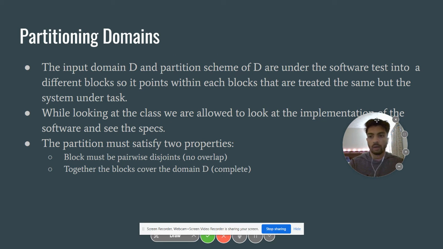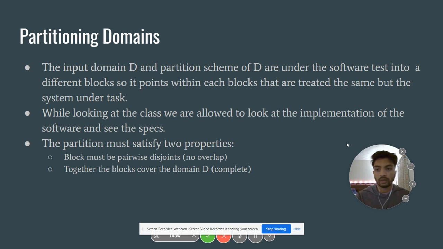So moving forward, partitioning domains. The input domain D and the partition scheme of D divide the software under test into different blocks. Points within each block are treated the same by the system under test.